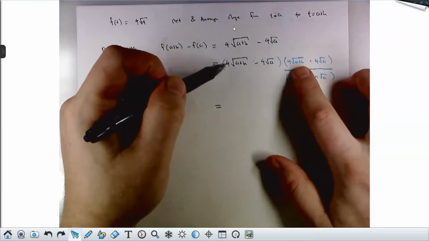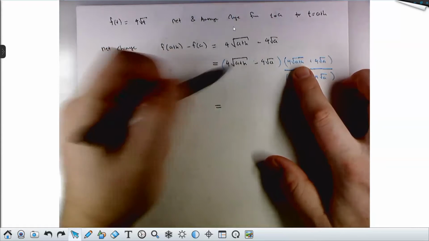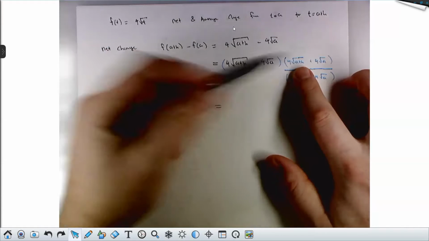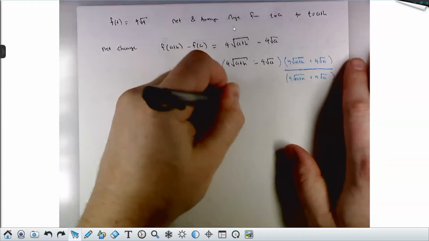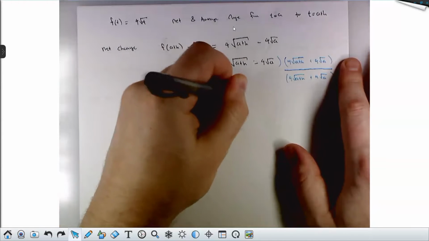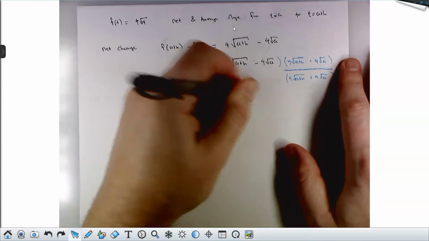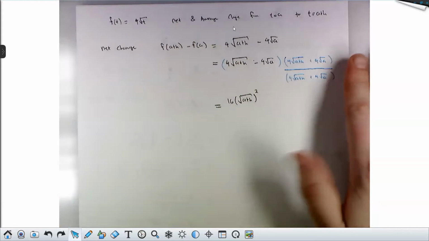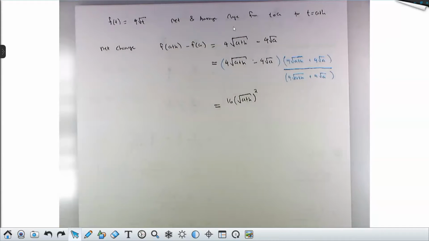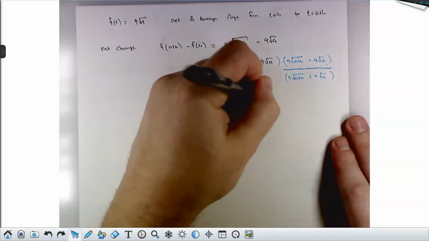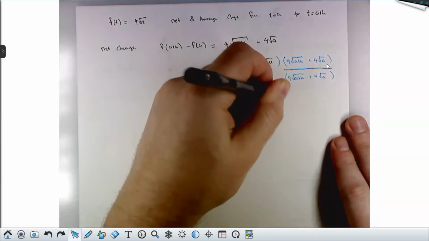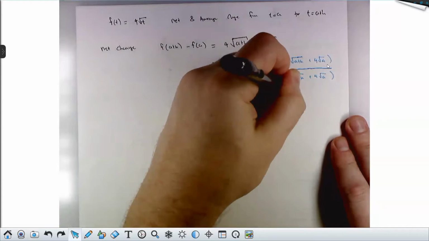My firsts are 4 root a plus h times 4 root a plus h, which is 16 times root a plus h squared. That's my firsts. My outers are 4 root a plus h times 4 root a, which is 16 root a plus h times root a.